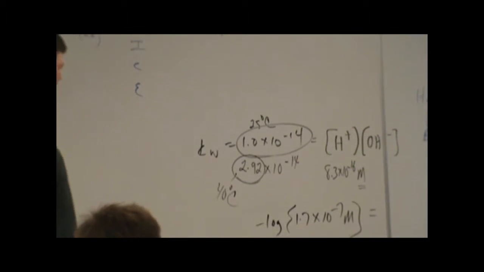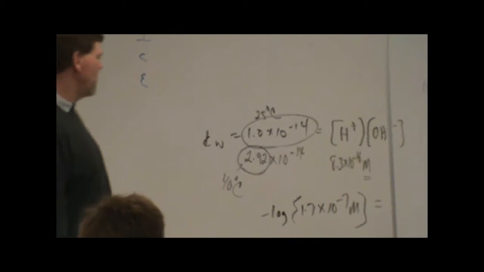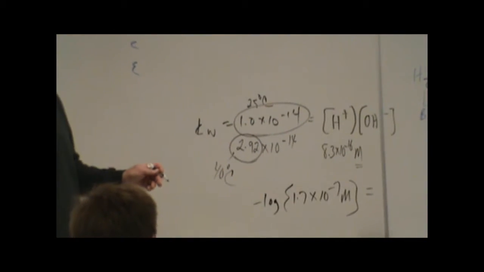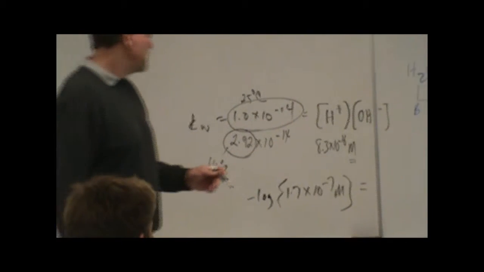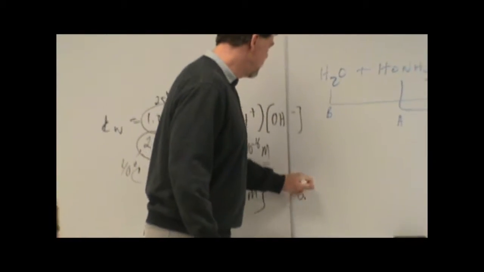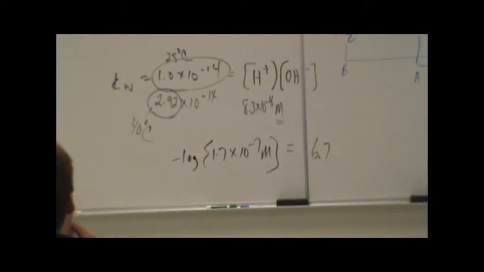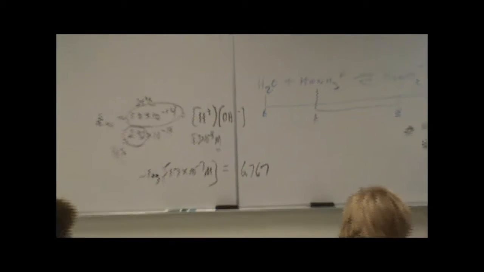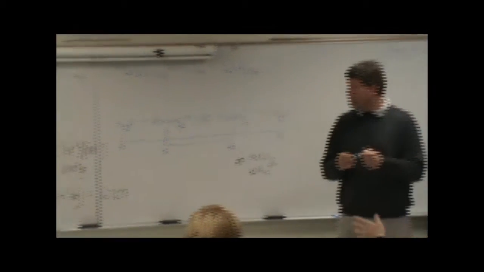How many significant numbers is that? Right, that's 3. So what that means in pH is that tells you how many decimal places you should have. So instead of it just being 6.7 for pH, it's 6.767. I'm not going to pick on you on that yet, but I thought I'd mention that. It should be 3 significant digits, and it makes sense.